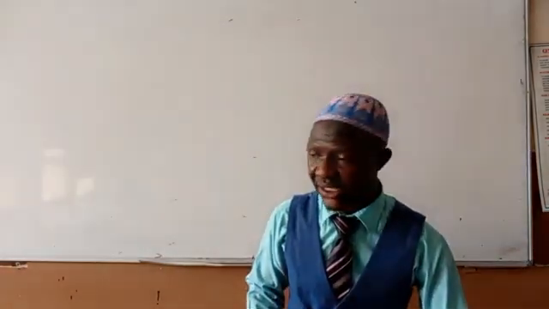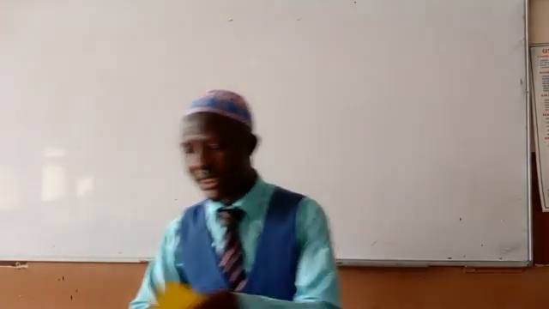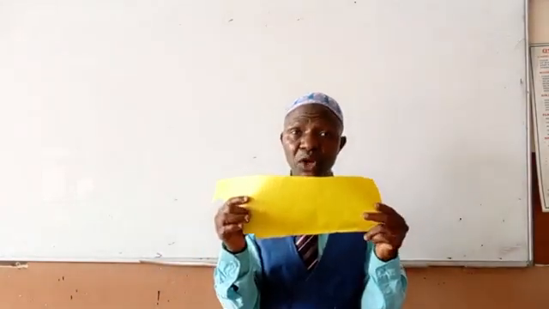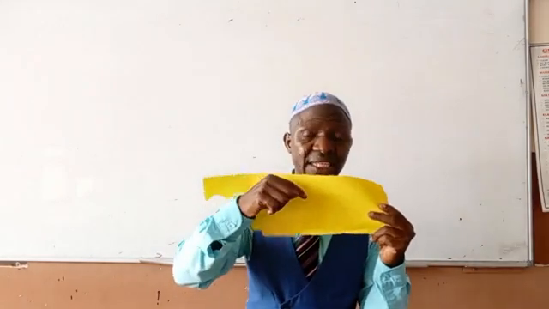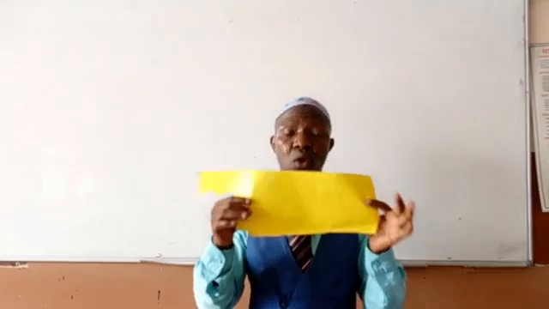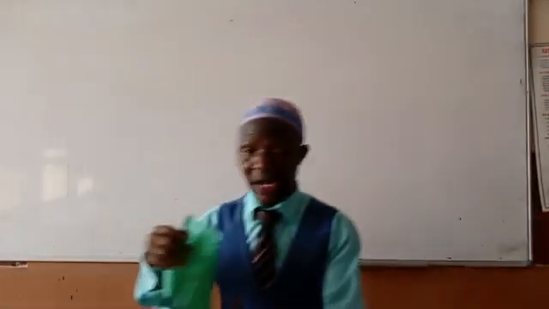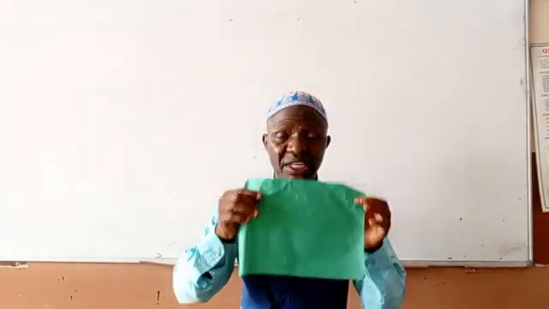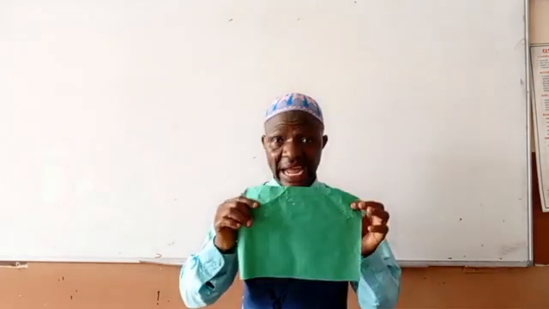Take for instance, if you look at this object, it looks what? Yellow. Because it can only reflect the yellow color of white light, it absorbs the rest of the colors. If you take another object, this one, green, because this one can only reflect green out of the colors of white light.